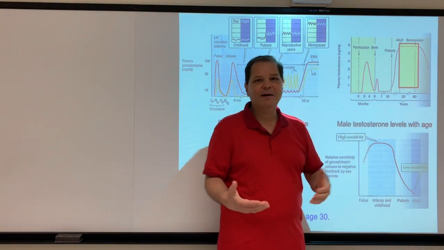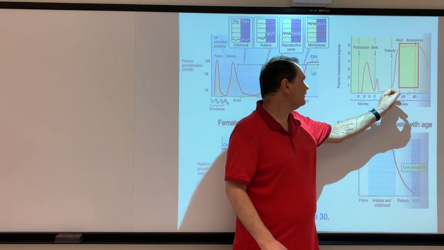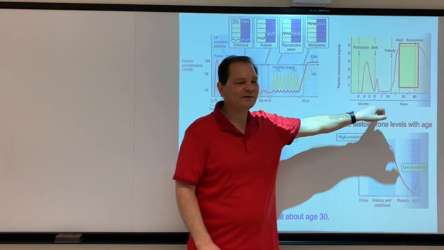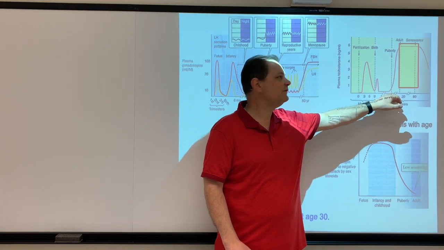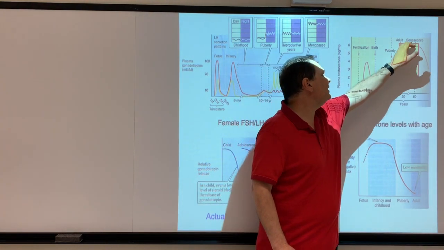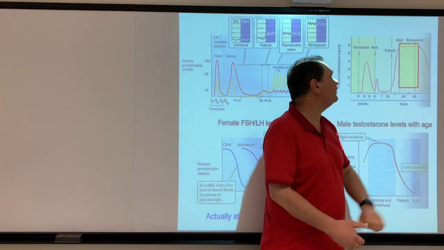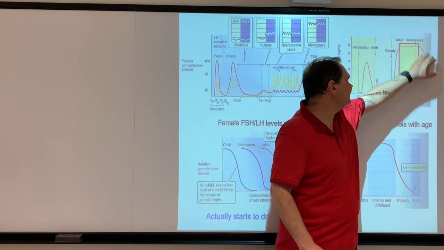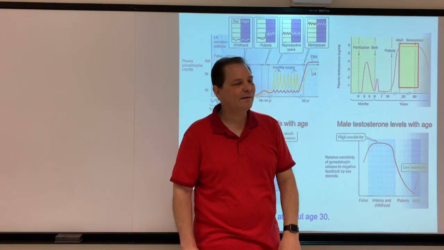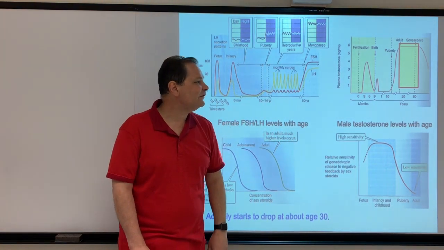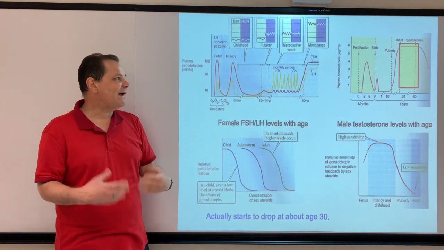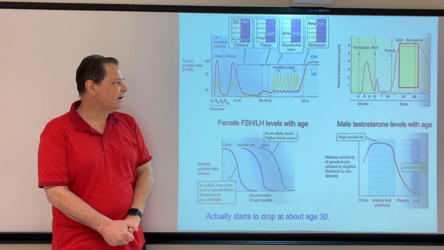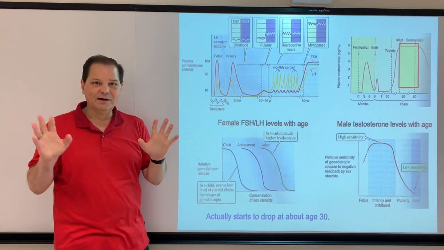And again, you'll talk about that more in life cycle, but you see this period of quiescence where the testosterone is really low in childhood, and then at puberty you get this surge in testosterone, and it's relatively high in the adult during the reproductive years, and then it declines afterwards as you reach the climax of those years, and then your decline in your reproductive powers.